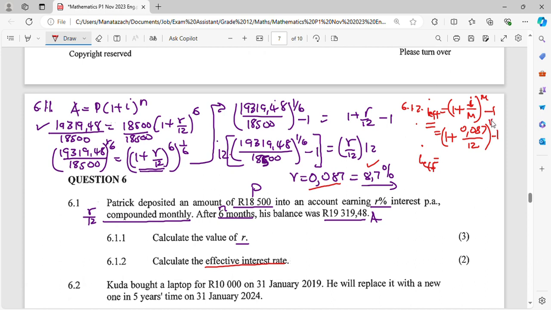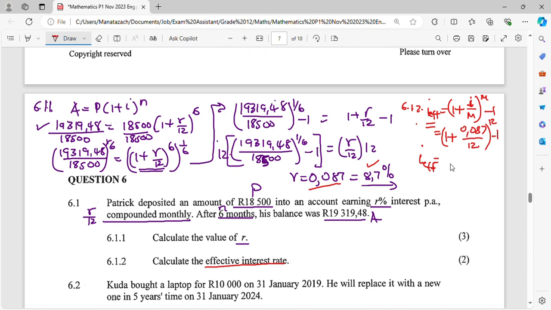This is supposed to be a 12 there. So it's M and M, so it's supposed to be 12, since that's the number of payments. In a year, remember, there are 12 payments. So that's 0.08 divided by 12 plus 1 to the exponent 12 minus 1.